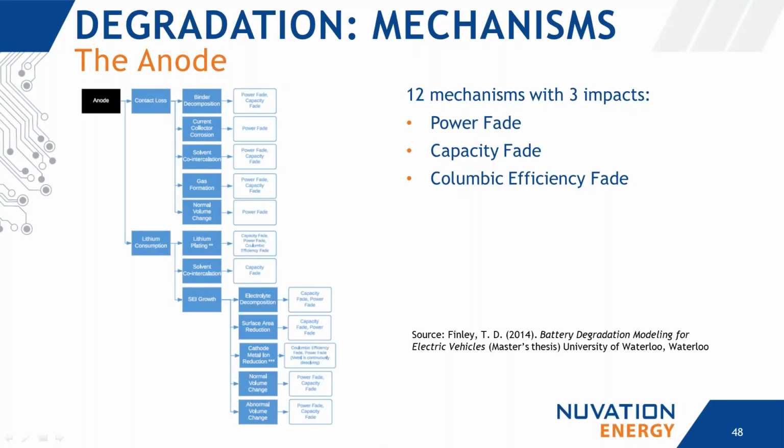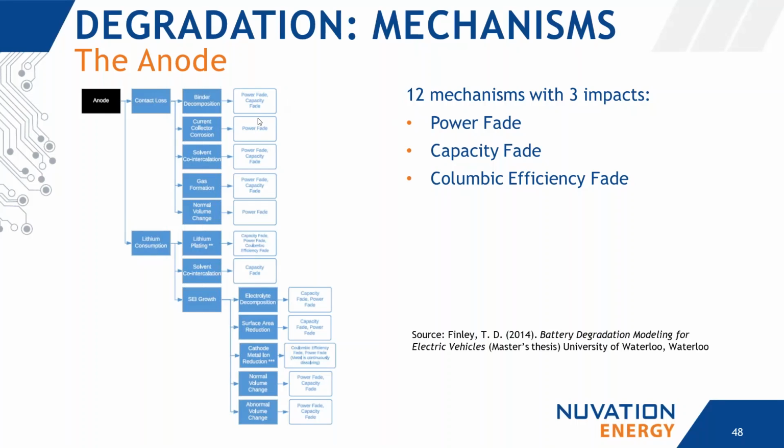And we've lifted this from a pretty neat master's thesis that was done a few years back at the University of Waterloo. You can take a look at the original one if you're interested. But basically, I don't want you to read this and get eye strain. I just want to point out the fact that this is just the anode. They identified 12 different degradation mechanisms.